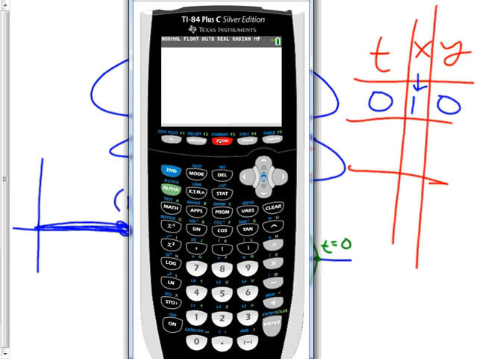So I'm going to window, and 0 to 2 pi, 2 with the pi symbol. And I'm going to hit graph. And I'm doing the little pen tip. Do you guys like the little pen tip thing? It slows it down a little bit, but it shows you direction.